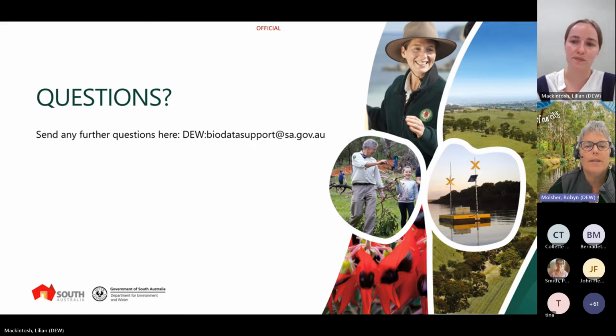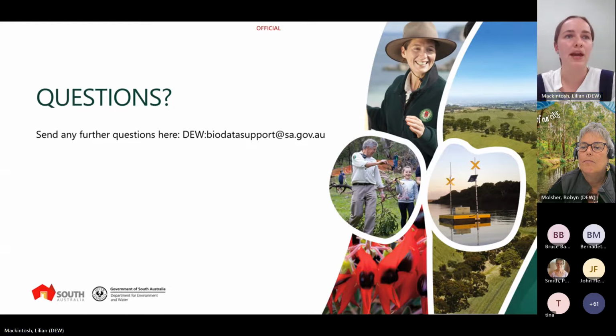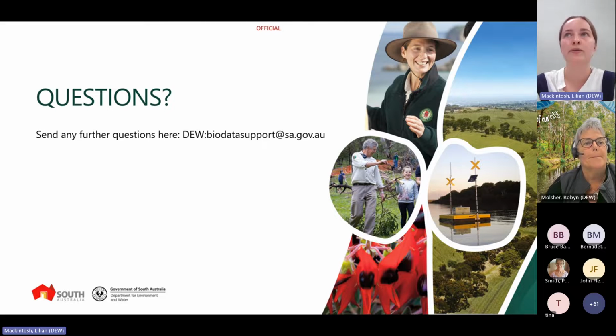Okay, and what format does data have to be in to be uploaded? So it takes CSV, which is just comma separated values. So it's just an Excel, and you can save your Excel as a CSV when you go to save as, and it doesn't take Excel. You can upload shape files.